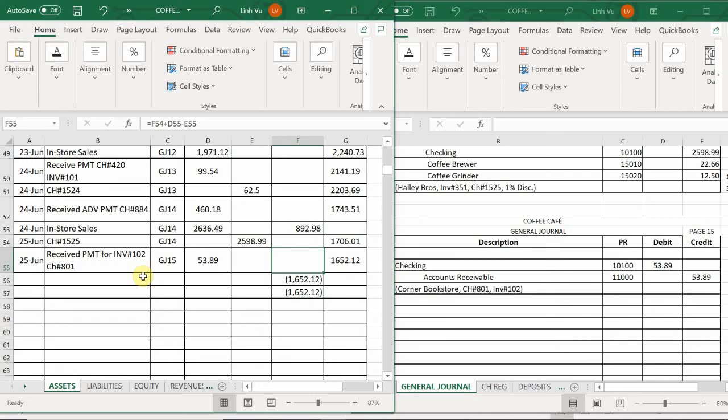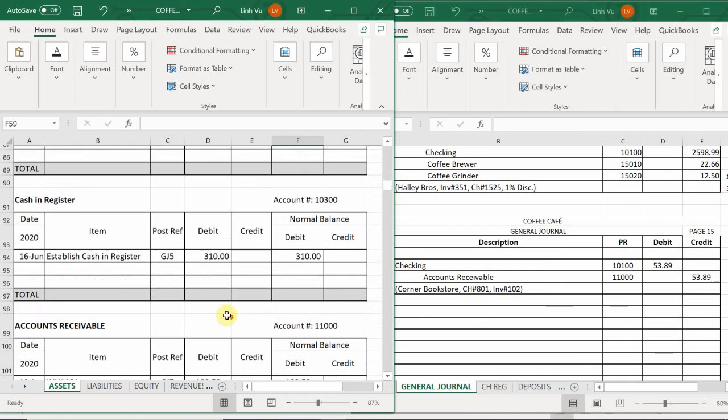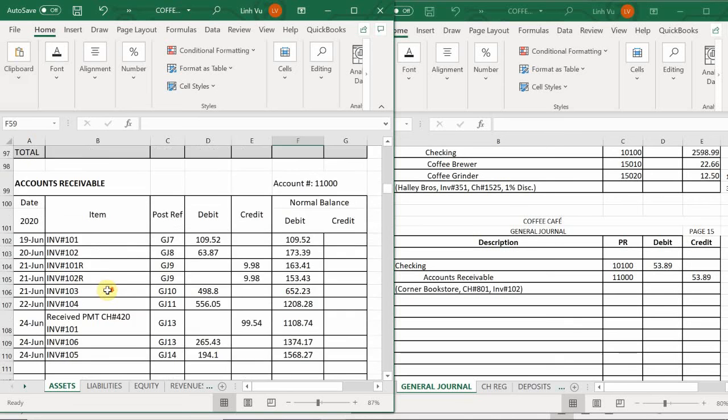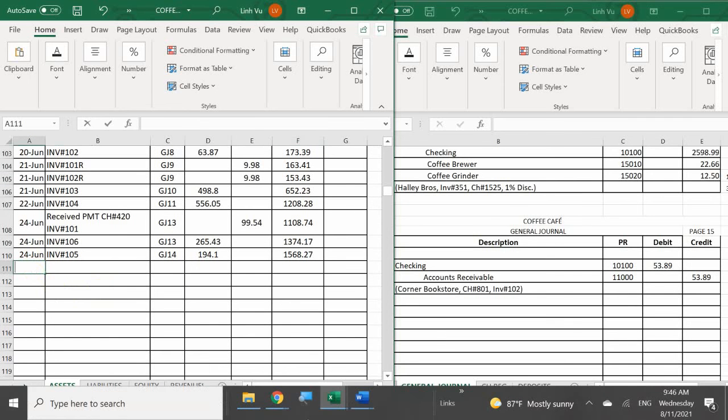And then next we can go to accounts receivable. Accounts receivable. Okay. 25. I guess received payment invoice 102.